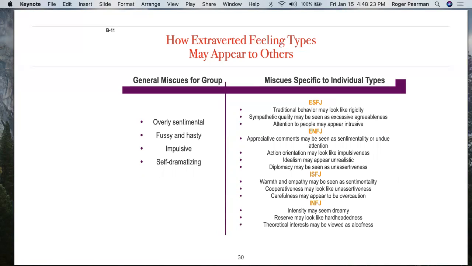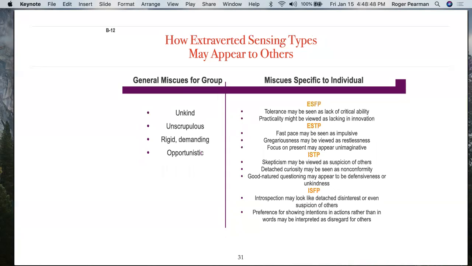Of these 4 types, they're extroverted feeling, and that tends to get experienced by lots of other people as impulsive or self-dramatizing, maybe even self-important, when in fact what they're trying to do is to be helpful and to do things in a way that will help other people achieve what they want to achieve. But it gets to be seen as a sticky kind of interaction or style.